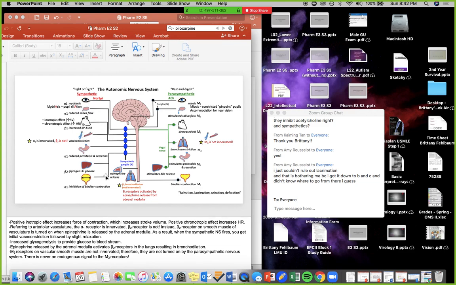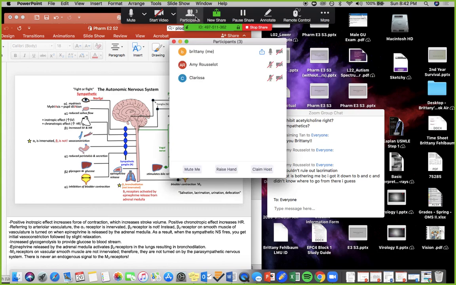Okay. So does looking at this help maybe? Because if you're inhibiting your sympathetic outflow, then you're going to see reduced saliva flow, or reduced lacrimation. Does that help?